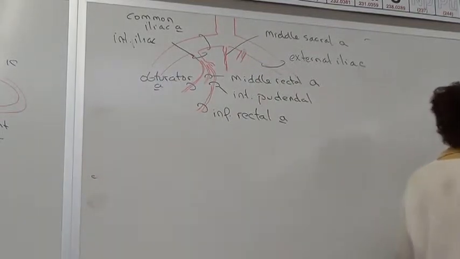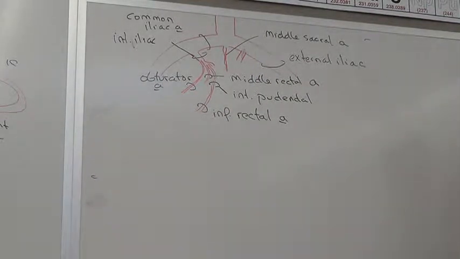So here is the descending colon, sigmoid colon, and rectum. Rectum means straight. So it's the straight part, all right? Superior rectal artery comes down and supplies the top of the rectum. There's only one of those.